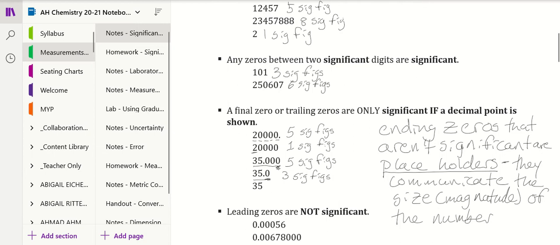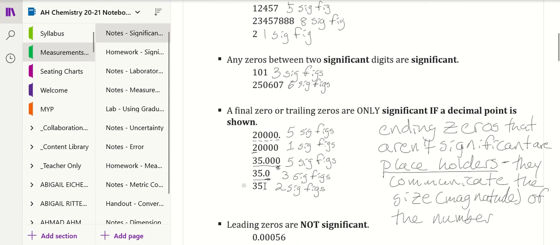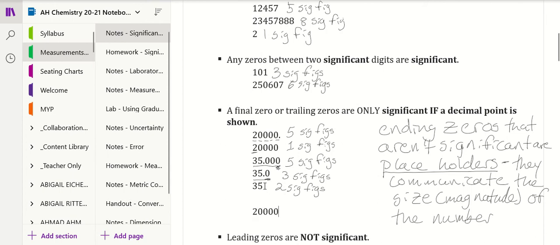And then what about the number 35? 2 significant figures. So now, yes? If you had a number like 20,000 and you wanted to specify that only the 1,000s and 10,000s places could be found accurately, how would you show that?